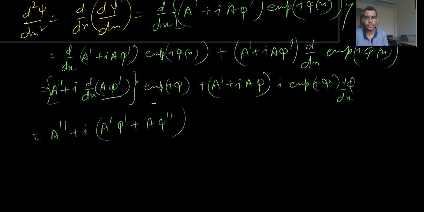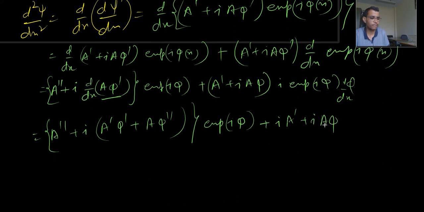Here I have applied the product rule, and exponential of iota phi will remain as it is, plus iota a prime plus iota a phi prime, and it is exponential of iota phi, and here I have written it as phi prime, right?